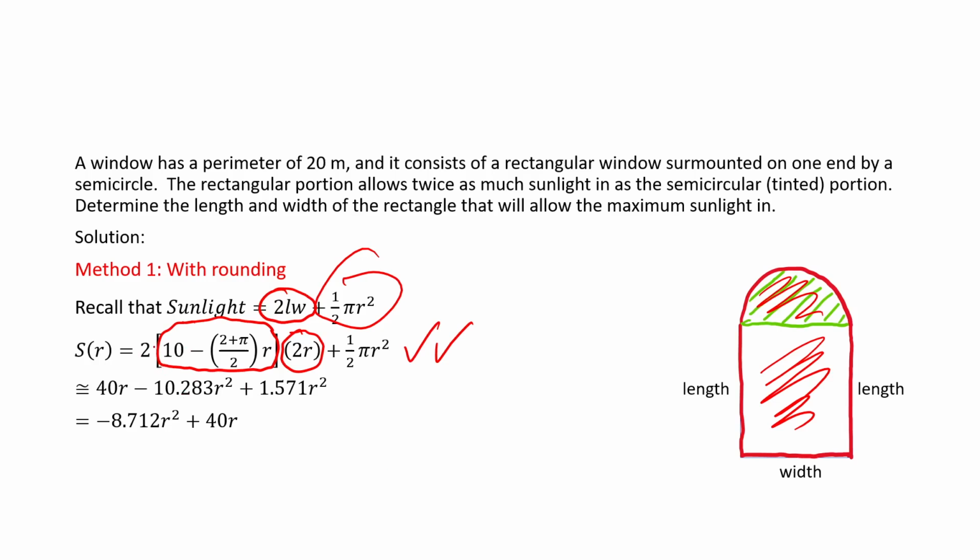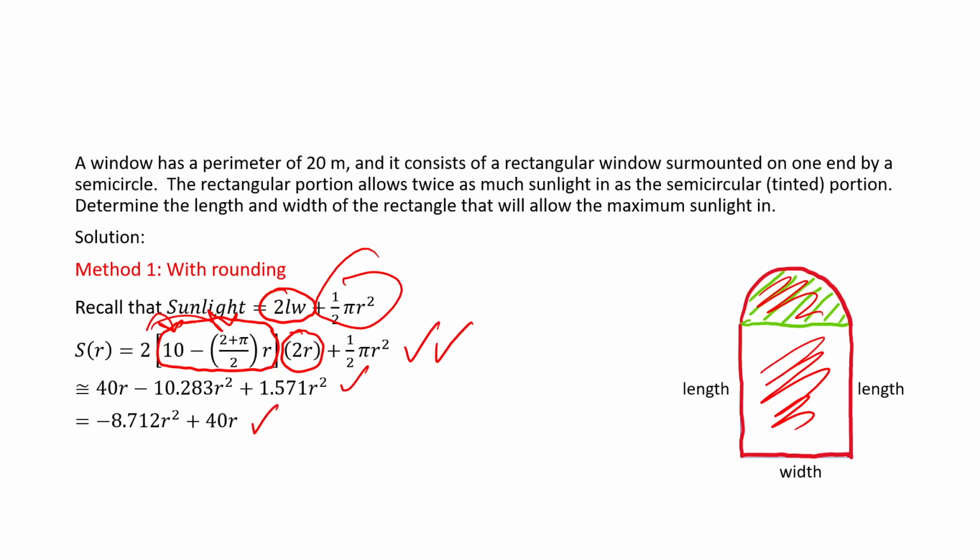And after doing a little bit of distributing, distributing the 2 in and distributing the 2r in, we ultimately get that the sunlight as a function of r is 40r minus 10.283r squared plus 1.571r squared approximately. And we can simplify that a little bit further, and we get a nice expression at the bottom there.